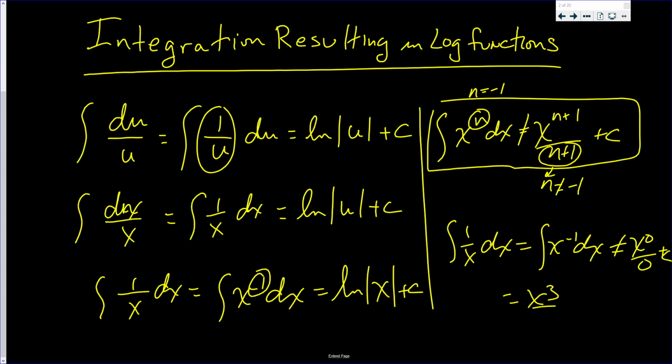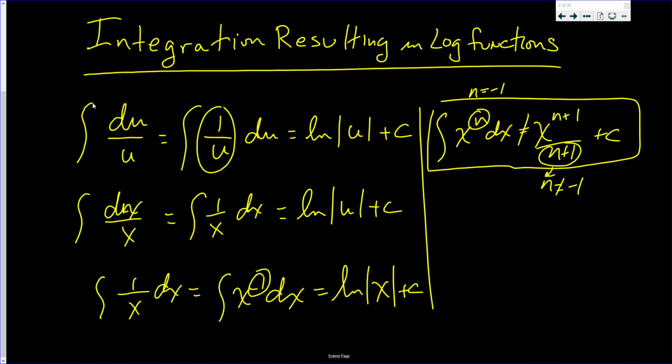I might go with x cubed over 3 plus c. I have a better chance that that can be the answer. Why? This is an answer. This is nonsense. You can't divide by 0. Okay, so I argued why it's not of the form that this integral gives us.